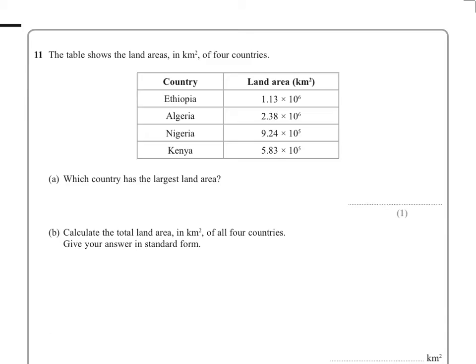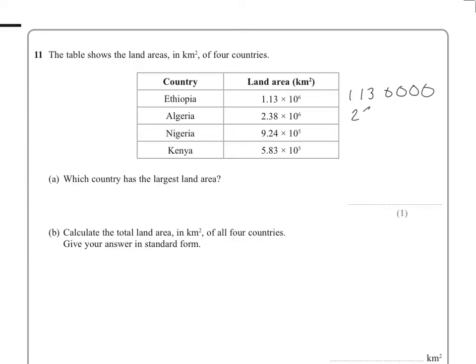In order to work out which country has the largest land area, I suggest one method could be that we turn these numbers from standard form into an ordinary number. So 1.13 times 10 to the 6 is the same as 1,130,000. So moving the decimal point there 6 spaces.